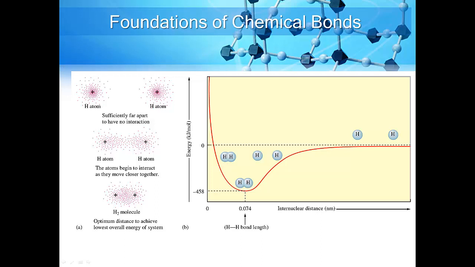And this is what chemical bonds are. When we're talking about a covalent bond, it's the sharing of electrons. Ionic bonds are a little bit different, but this covalent bond is the sharing of electrons. And there's going to be an optimal distance between the two hydrogen nuclei where this is occurring.